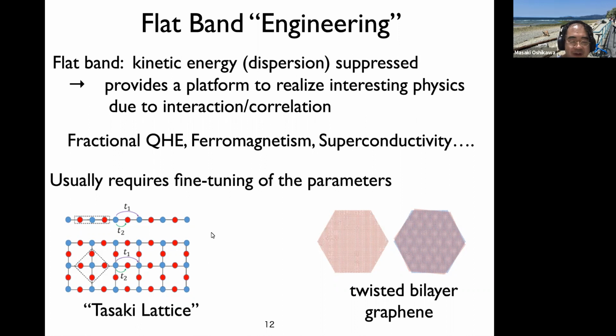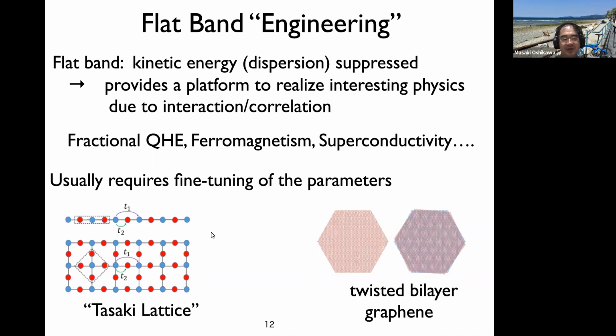But usually flat band models require some fine tuning of parameters. Probably you are familiar with the Dieb lattice, which generates a flat band thanks to the imbalance between the number of sites in the sublattices.